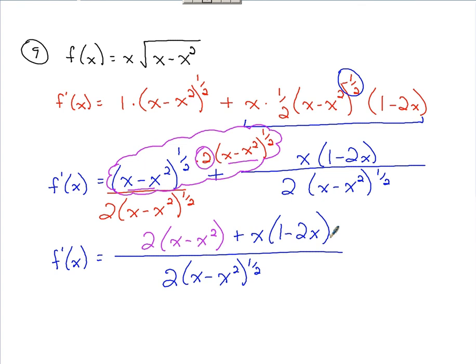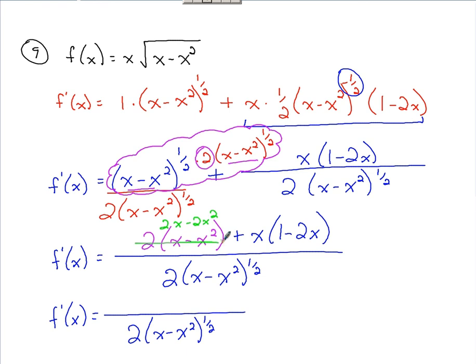All right, clean up a little bit more. It looks like we'll be pretty much there with our simplification. Denominator is what it is. Numerator, though, we can distribute some stuff. If I distribute 2 multiplied through, I've got 2x minus 2x squared.